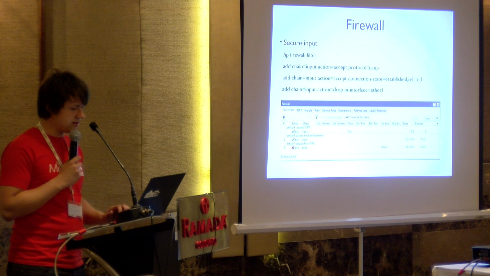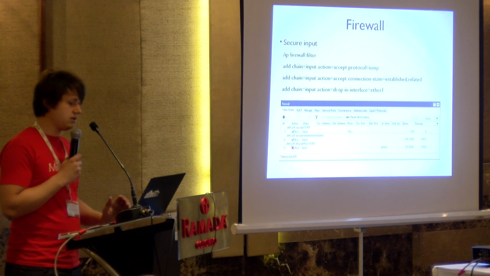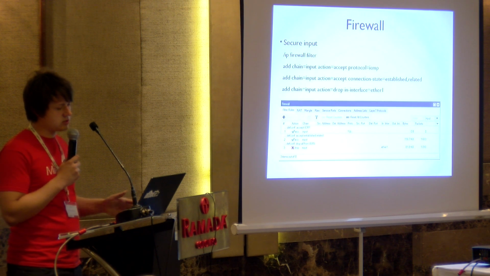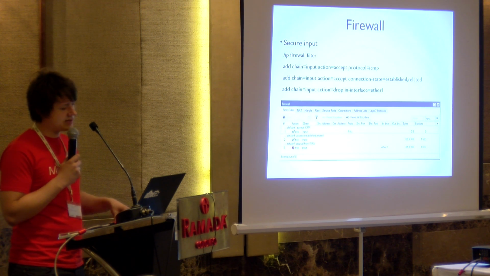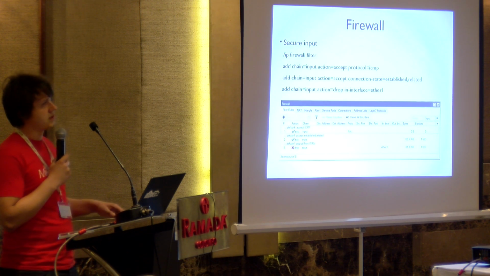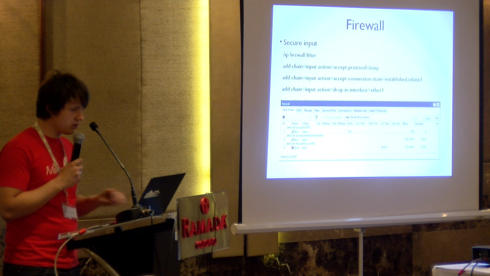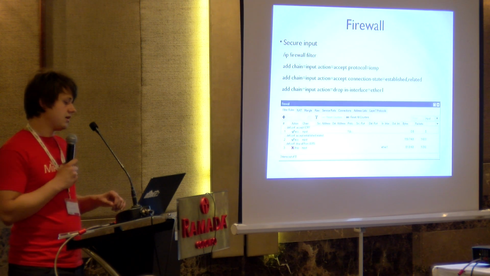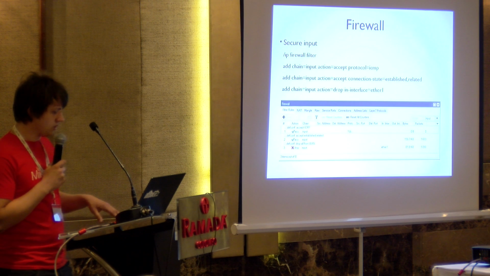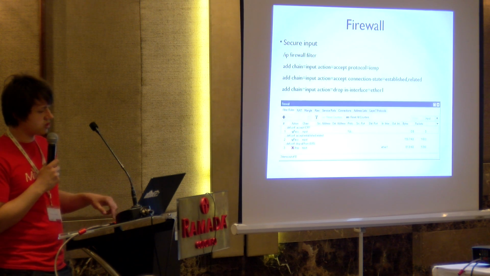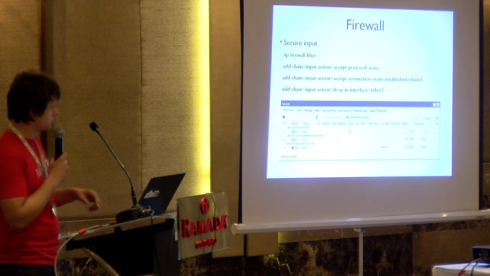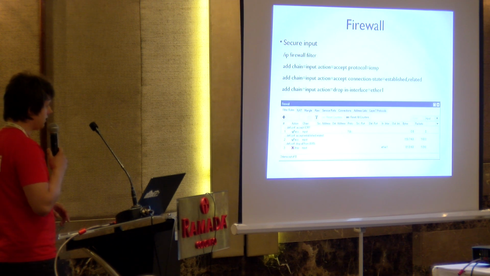The first would be the rule that accepts all connections with connection state established and related. This means that the connection is already seen in the RouterOS, and you would also need one drop rule, which would drop all the connections from the public side.